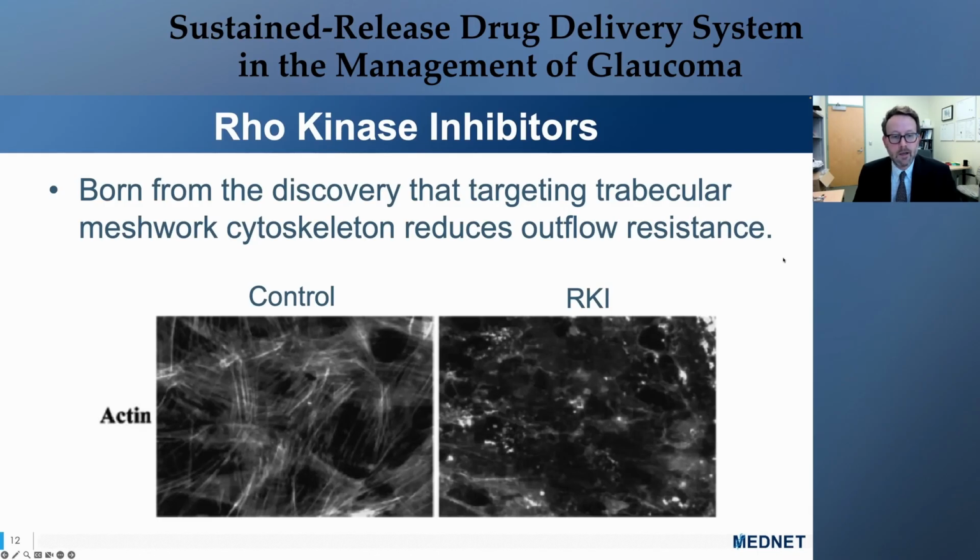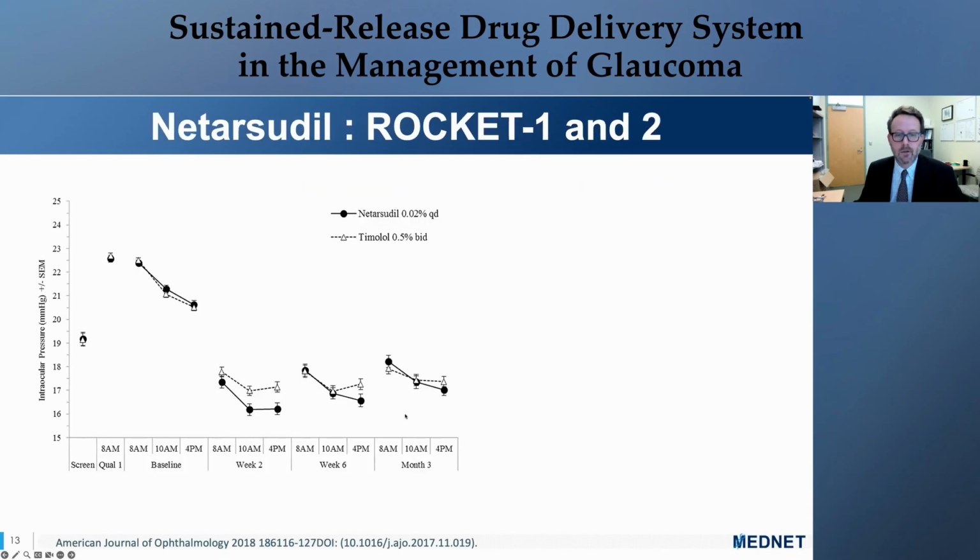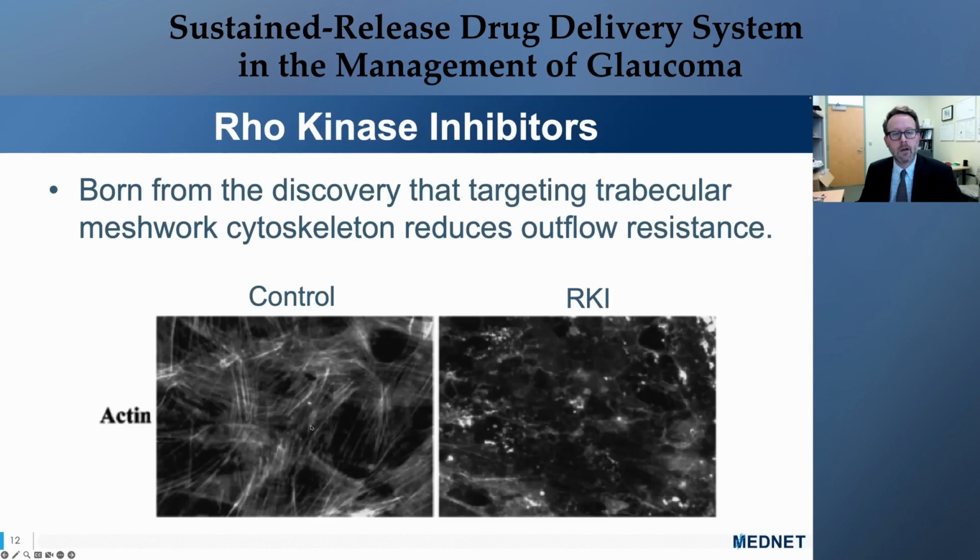So by inhibiting the Rho kinase, or using a Rho kinase inhibitor, here you can see that the actin filaments go from being very well defined to less defined in these trabecular meshwork cells that have been treated with a Rho kinase inhibitor. And the theory was that by targeting the cytoskeleton, you would open up the trabecular meshwork and therefore reduce the intraocular pressure.